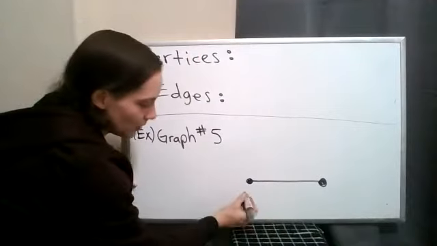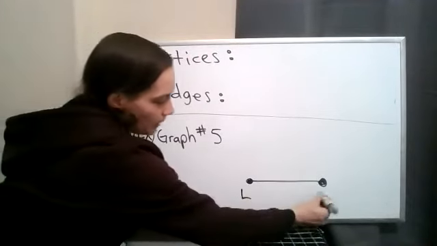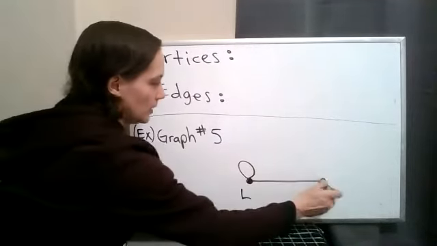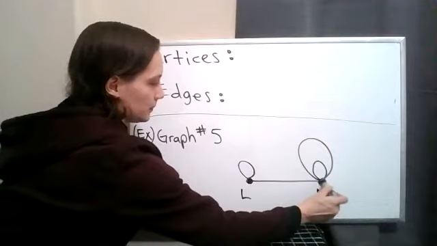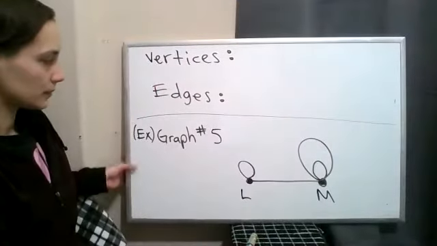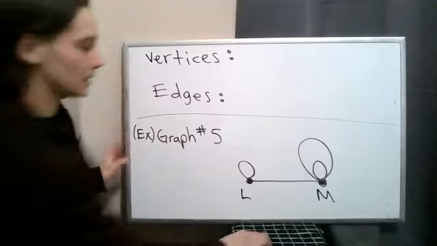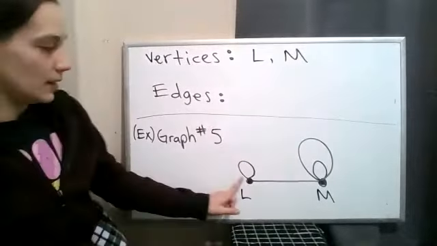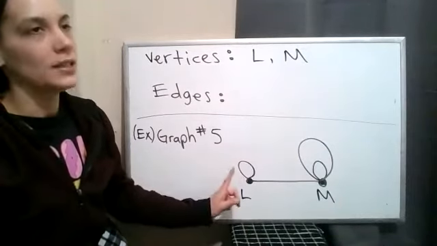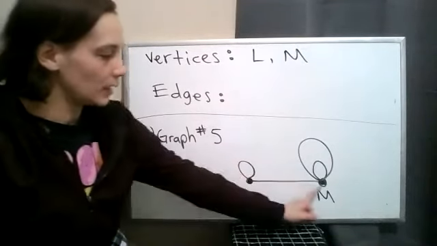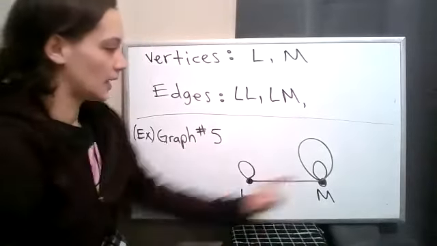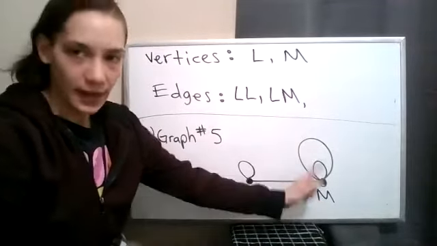These ones are going to be labeled L, M, with 1 loop and 2 loops. You list L and M with edges LL, LM, MM, MM.